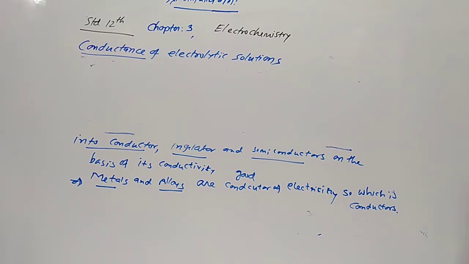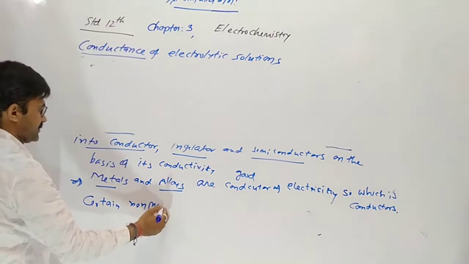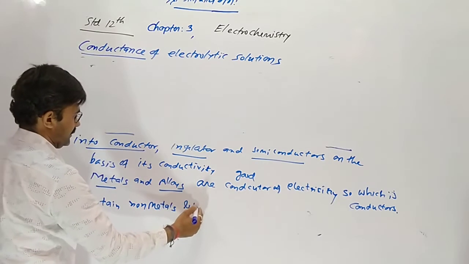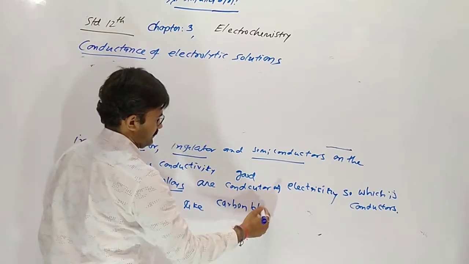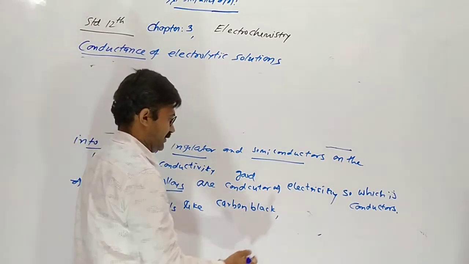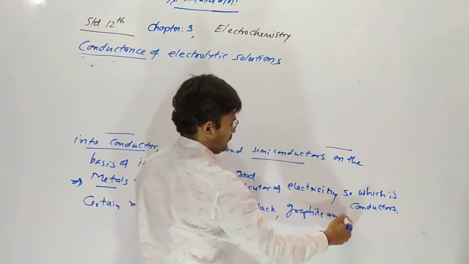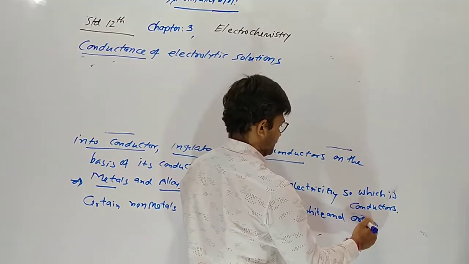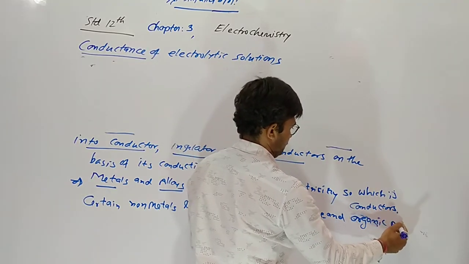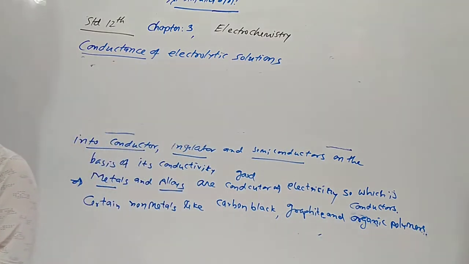Certain non-metals, like carbon black powder, graphite and some organic polymers, are also conductors of electricity.